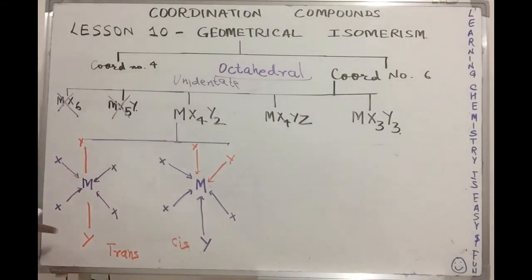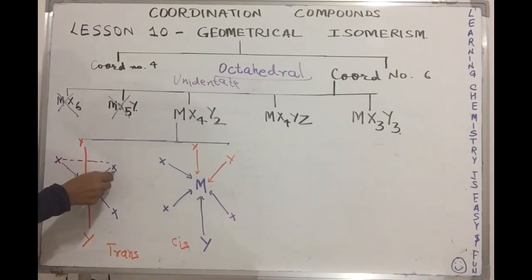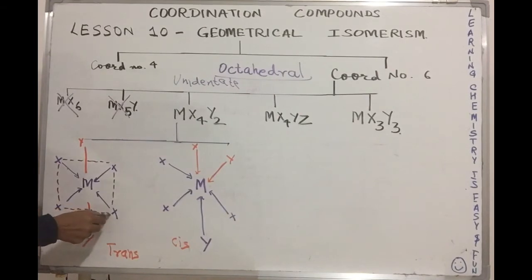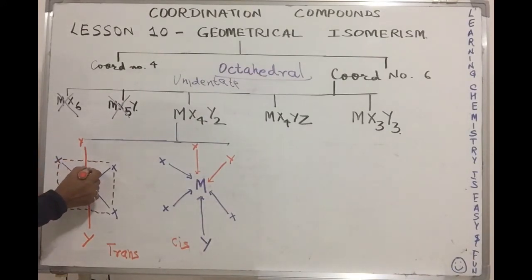So this gives us our first arrangement, that is called the trans arrangement. Now how you will find it in a lot of books would be where they would have depicted this by means of dashed lines in order to indicate the shape to you so that there is more clarity, right?